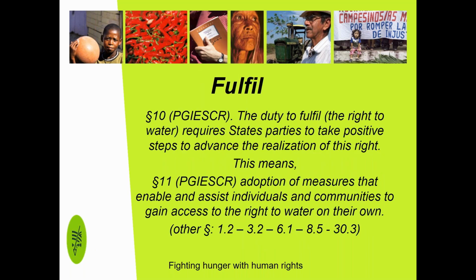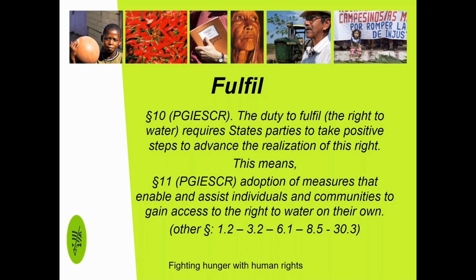And then you have the obligation to fulfill, which comes from paragraphs 10 and 11 of these principles and guidelines. The duty to fulfill the right to water requires state parties to take positive steps to advance the realization of this right. So this means adoption of measures that enable and assist individuals and communities to gain access to the right to water on their own.